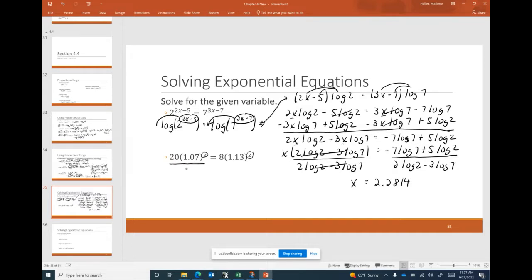Look, if I divide both sides, it doesn't really matter which exponential I use, but I think I'll just divide both sides by 1.13 raised to the z power. Oops.